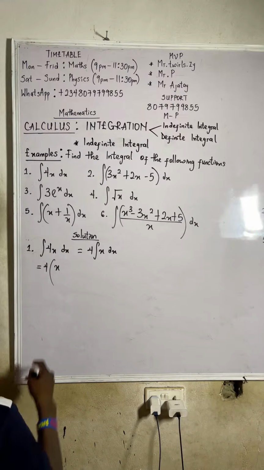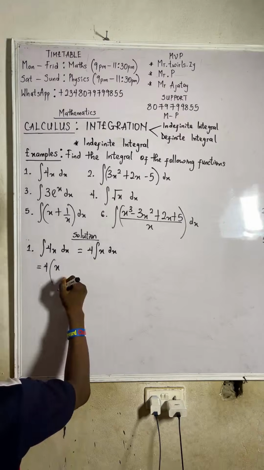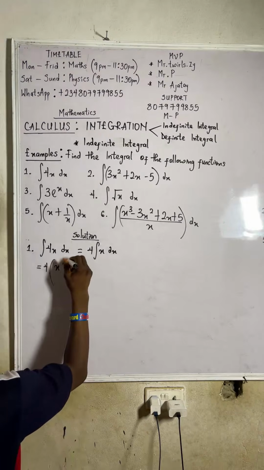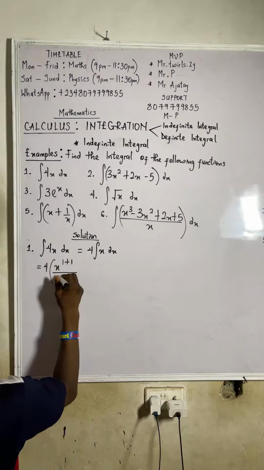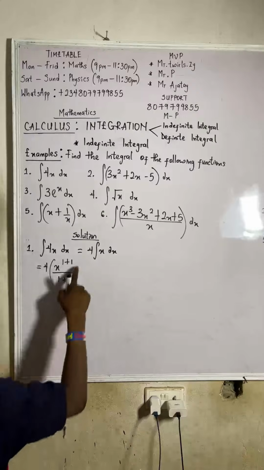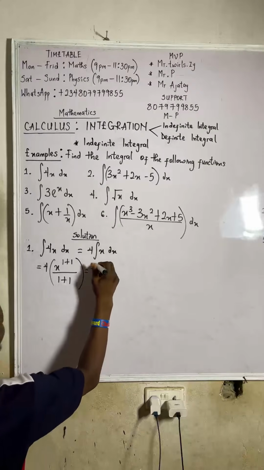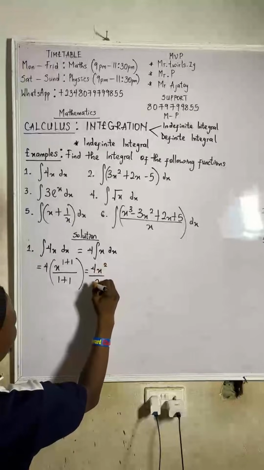It's not 4 plus 1. Calm down. The power on the x is 1. So you add 1 to that power, over that same power plus 1, over 1 plus 1. So we are going to have 4x squared over 2.